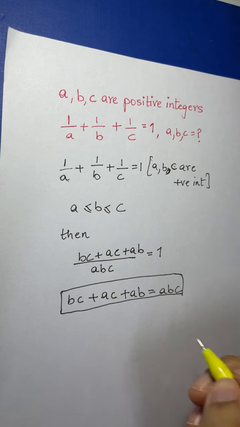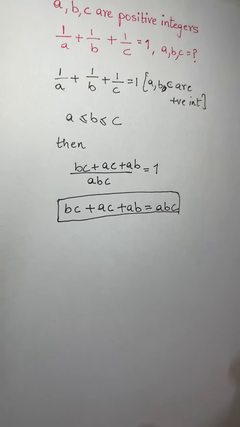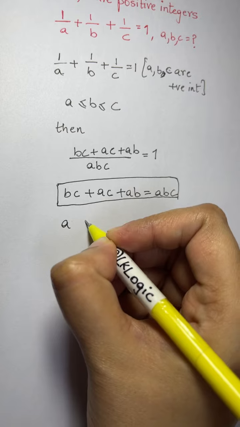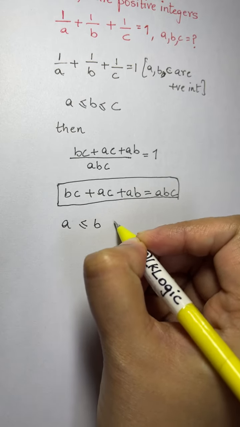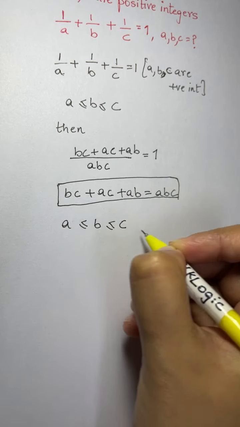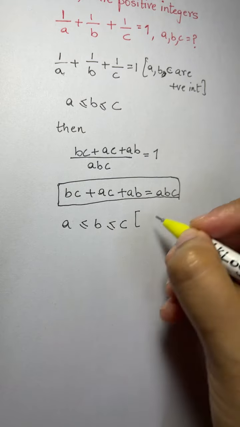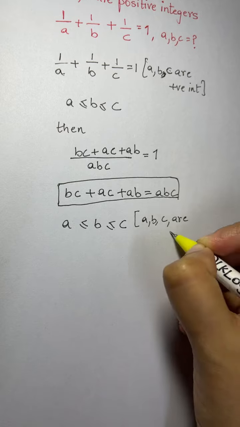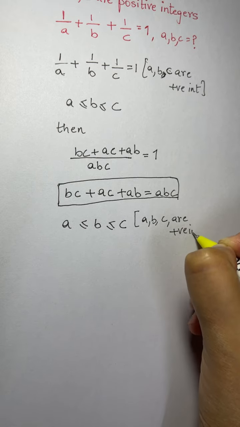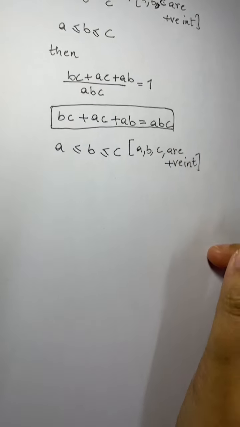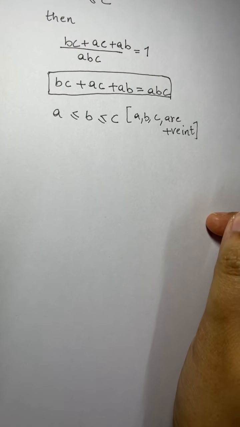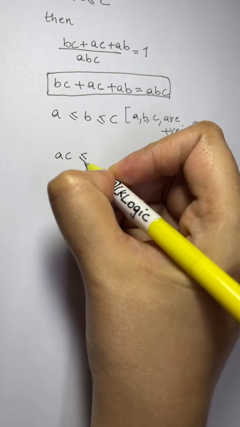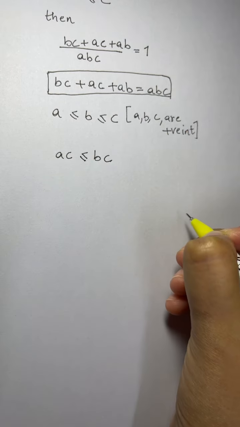Okay. Now what do we see? This is the condition when a is less than or equal to b is less than or equal to c, and a, b, c are positive integers. As I already said, they are positive integers. So you can say that ac is less than or equal to bc.